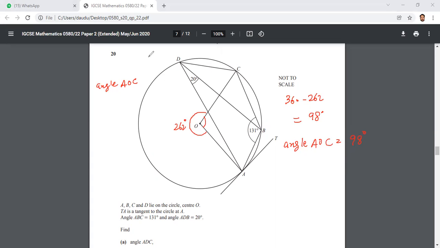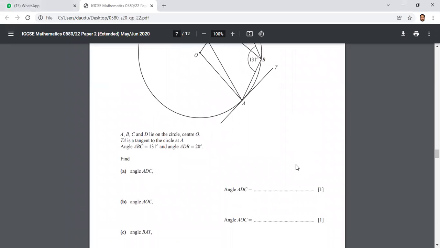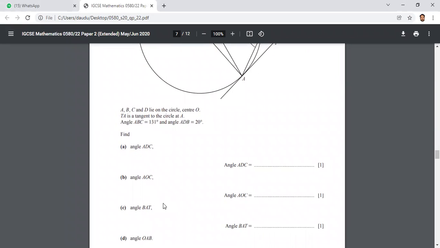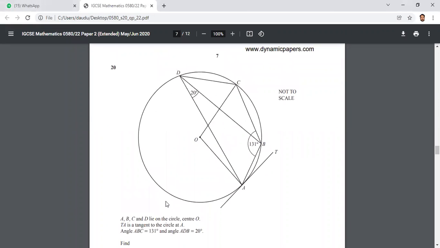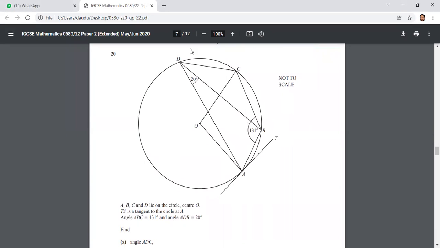We found the second, and then we check the next. Let me read down. What do they want from us? Angle BAT. It's better we write it so that we remember. Angle BAT means this one, the angle between the tangent line and the chord. So here we can apply the alternate segment theorem.